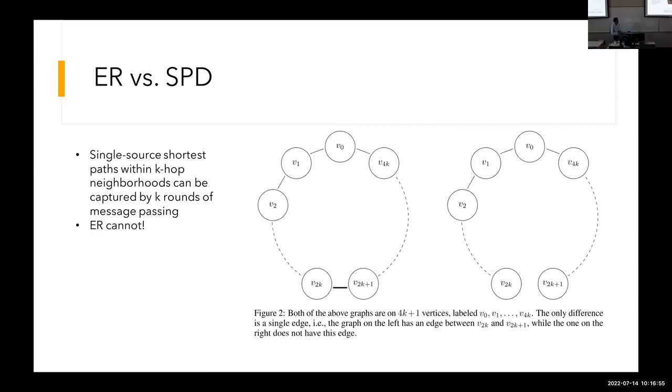And what you can show is that if you pick V0 as your source, there's no way to get effective resistances to nodes even close to V0, like V1 or V2, using just a finite number of message passing steps. And this is because the message passing can only see things that are within a k-hop neighborhood, but the presence of this edge actually alters the effective resistance. This is not the case with shortest path distance.